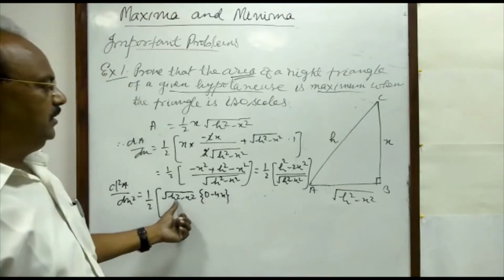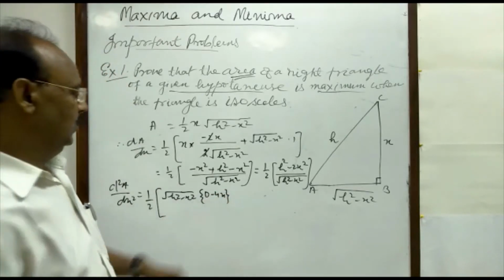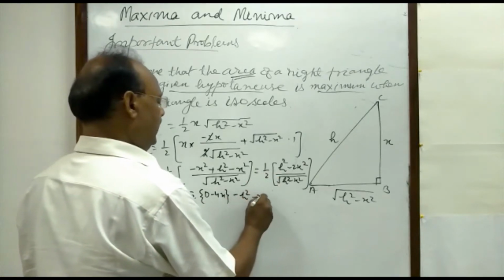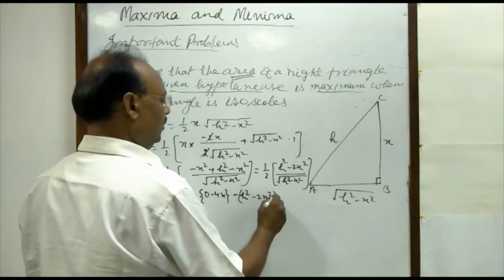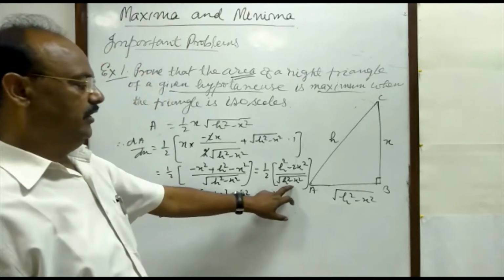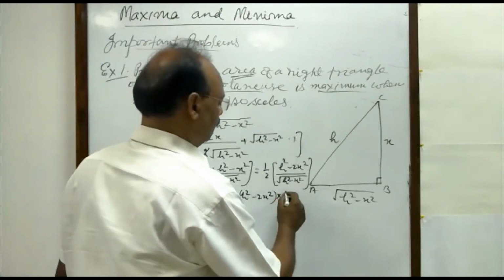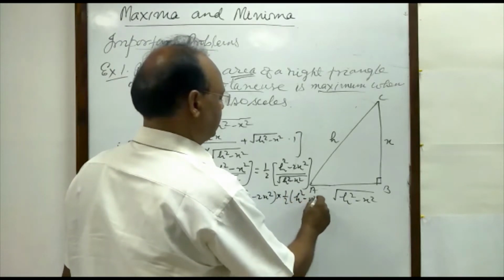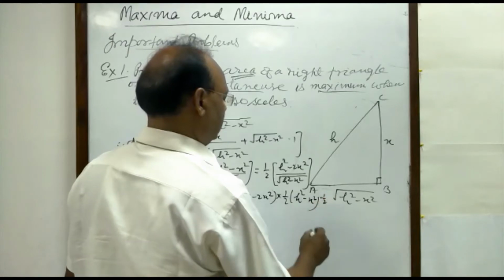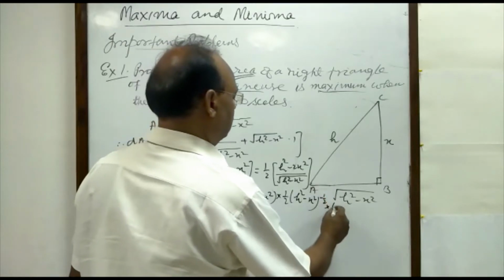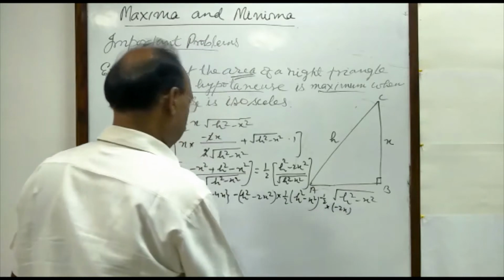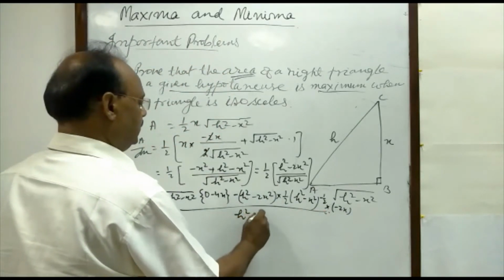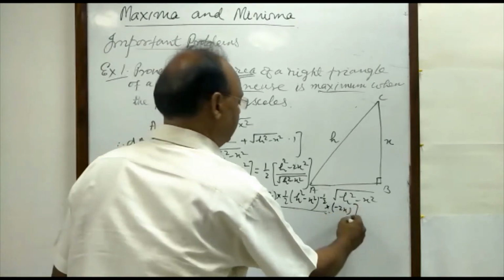So this is denominator into derivative of numerator, minus numerator h square minus 2x square into derivative of denominator, half h square minus x square whole to the power minus half into minus 2x, divided by denominator whole square, h square minus x square.